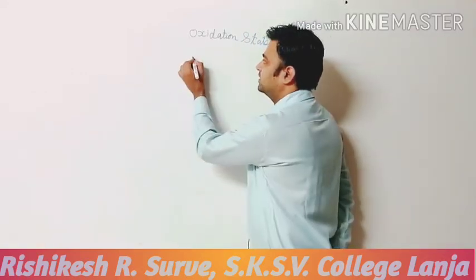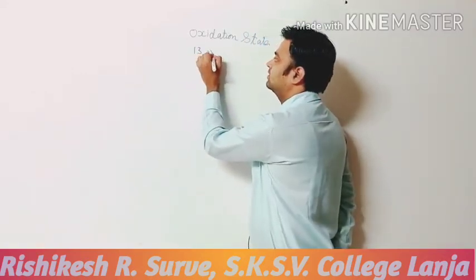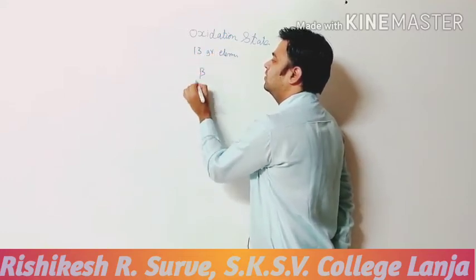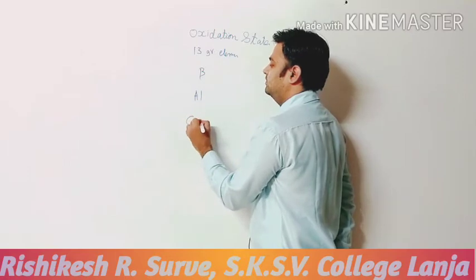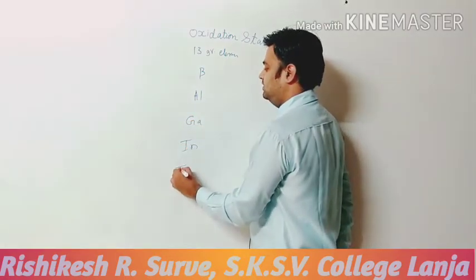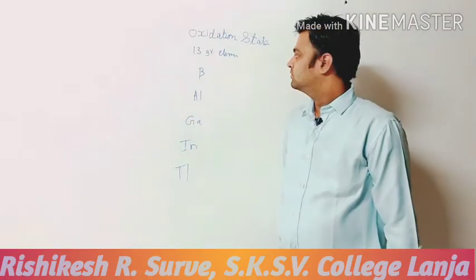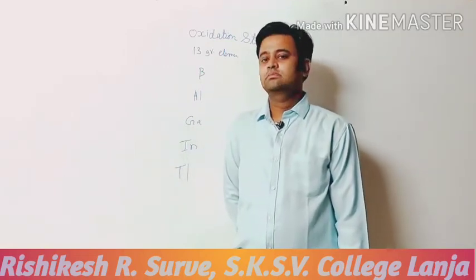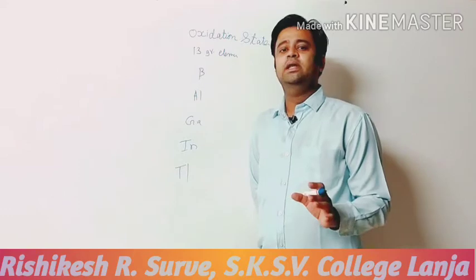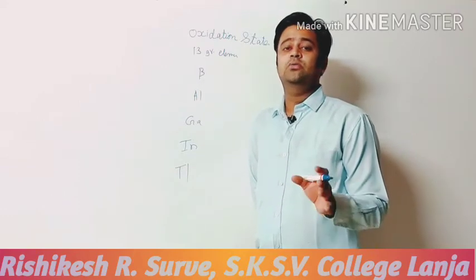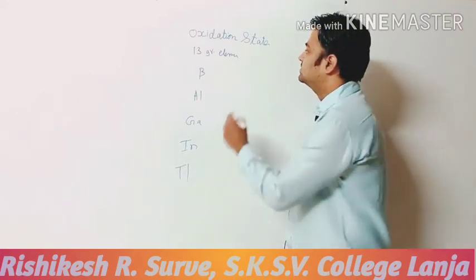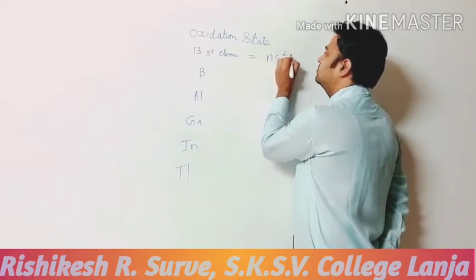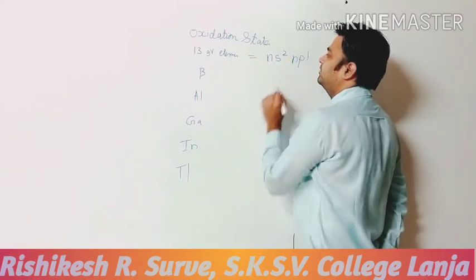In our series of 13 group elements, boron, aluminium, gallium, indium, thallium, the general outer electronic configuration is ns2 np1.